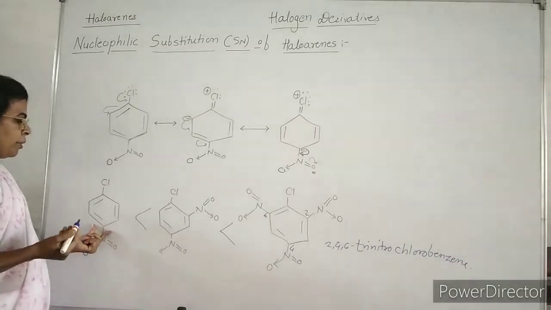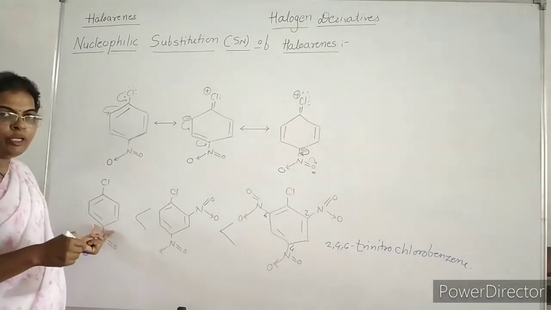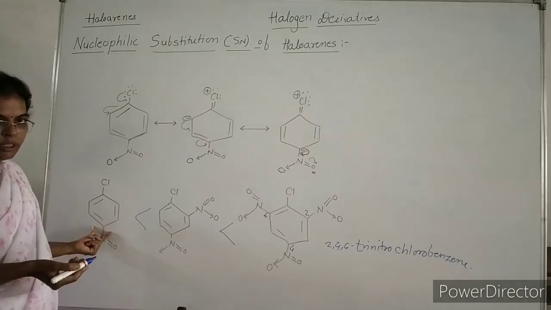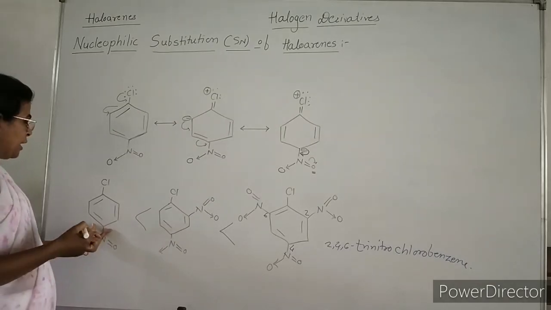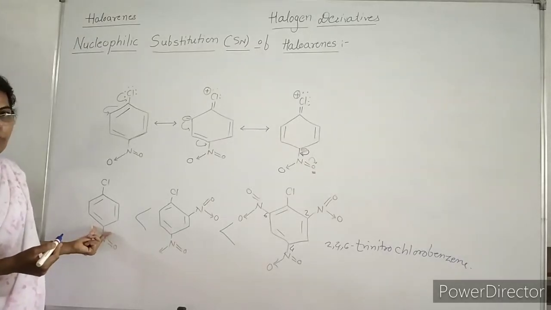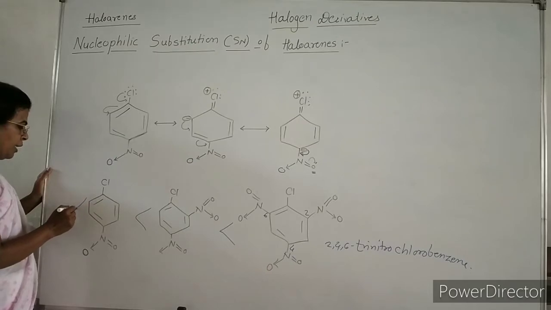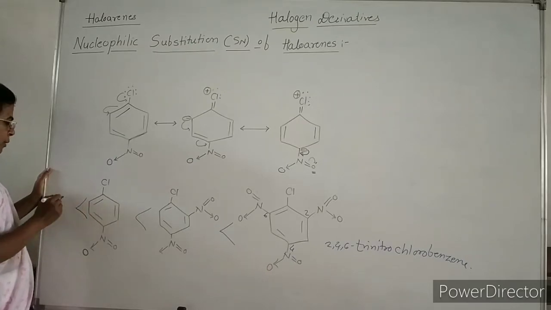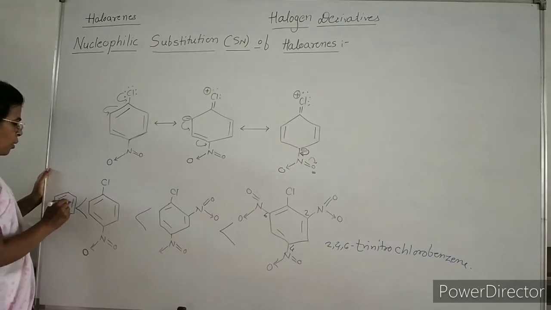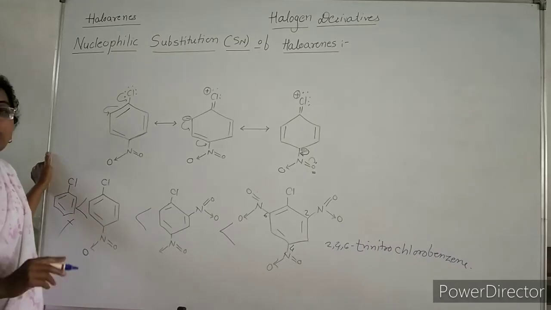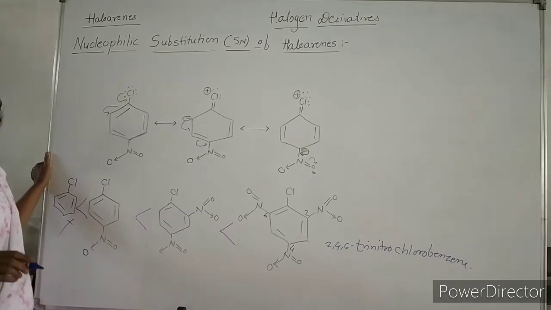Now here the number of nitro groups or electron withdrawing groups decreases, and therefore the nucleophilic substitution reaction also decreases in case of 4-nitrochlorobenzene. And this compound easily undergoes nucleophilic substitution reaction as compared to that of chlorobenzene. Chlorobenzene does not easily undergo nucleophilic substitution reaction due to absence of electron withdrawing group.